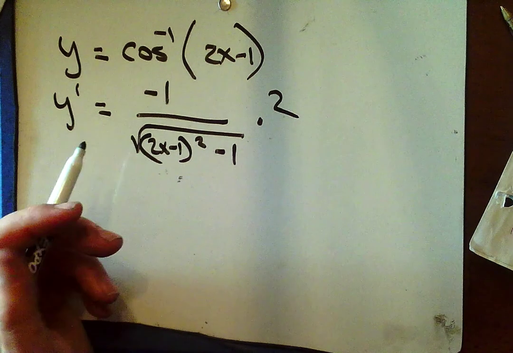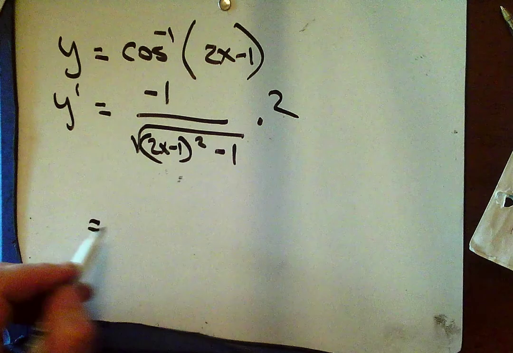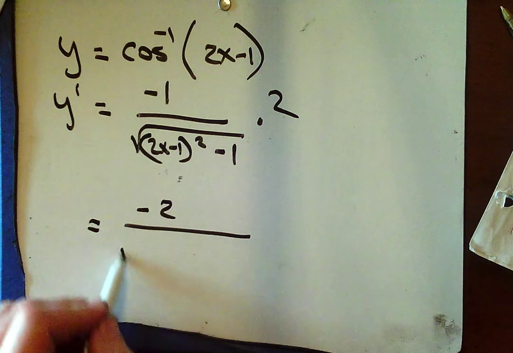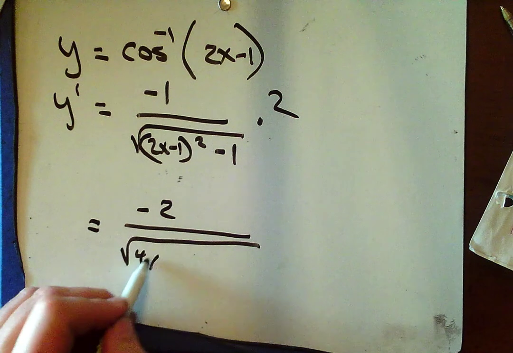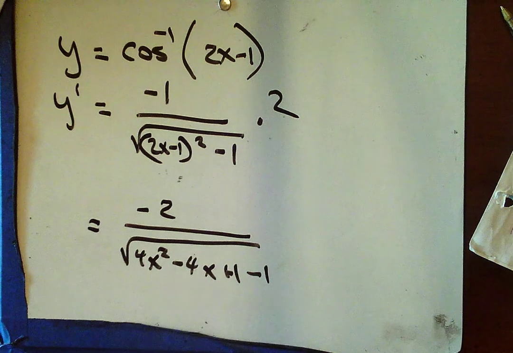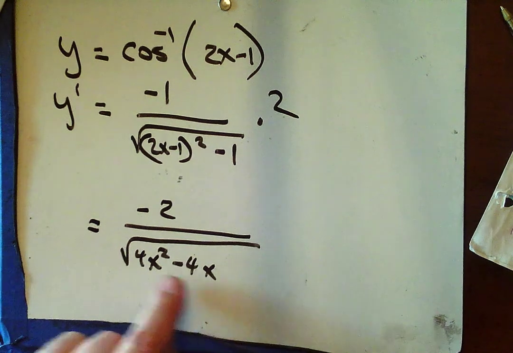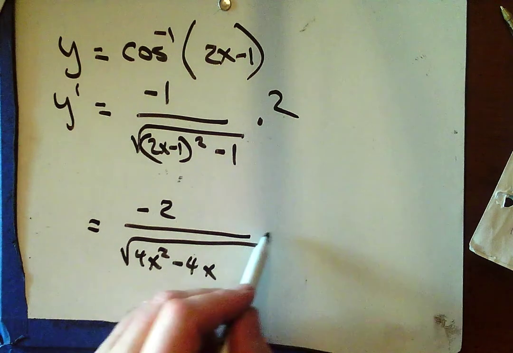Well, again, I feel like there could be some canceling there. So I'm going to have negative 2 over square root of 4x squared minus 4x plus 1 minus 1. And see, these are going to cancel. And look, I could factor out a 4 and an x here.